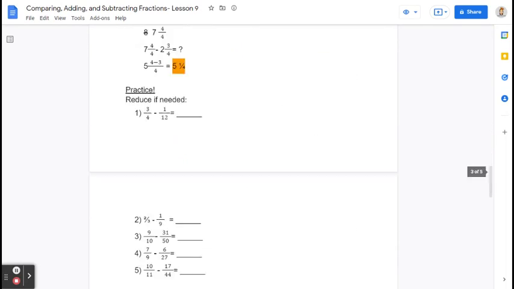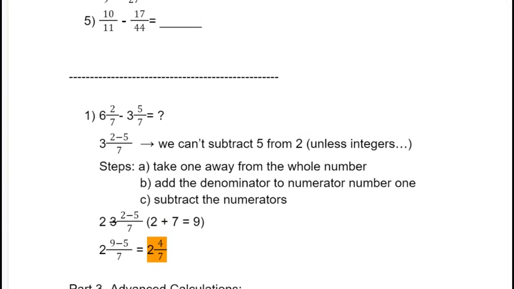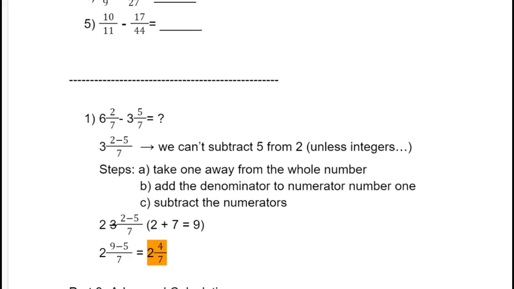But if you want to give yourself a little more of a challenge, here I have another question that we are going to be doing together. Say we have 6 2/7 minus 3 5/7. In this case, the denominators are the same, so we don't have to do any of that lowest common multiple stuff. 6 minus 3, the whole numbers, is 3. Now 2 minus 5 over 7.